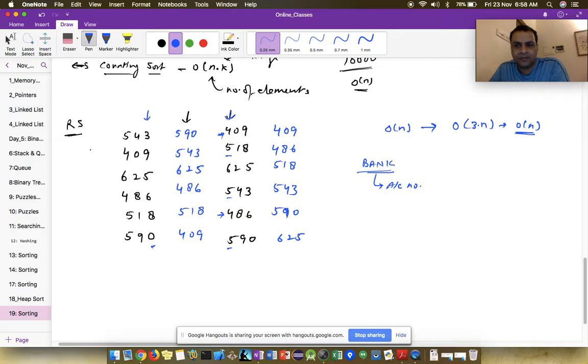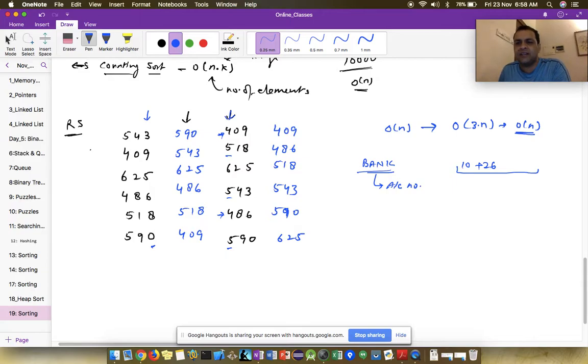Similarly, let us say we want to sort on PAN card. A PAN card number is alphanumeric, so the range will be 10 plus 26, which is 36 unique elements, since PAN card has no small letters.